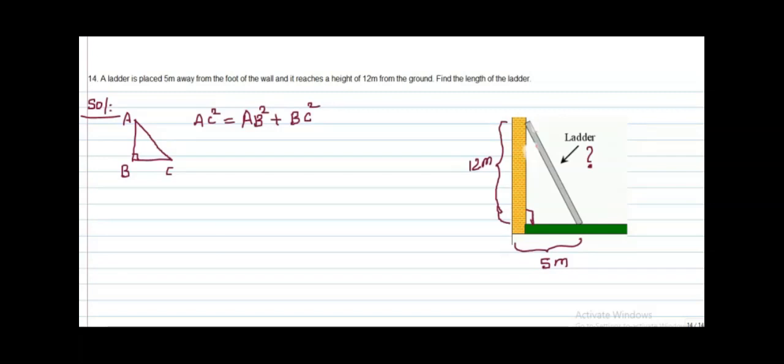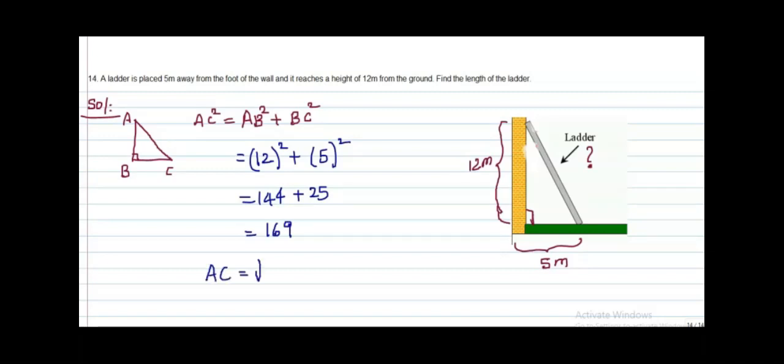Now, if we apply this here, AC is to be found, whereas AB square, which is the height of the wall, is given to be 12. So AB square is 12 square and BC is 5, so 5 square. And 12 square is 144 and 5 square is 25. Therefore, AC square is equal to 144 plus 25, which is 169.